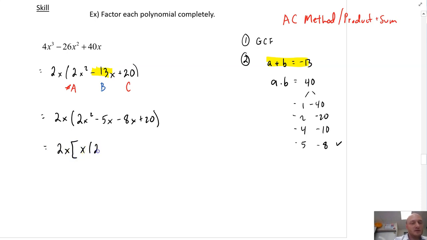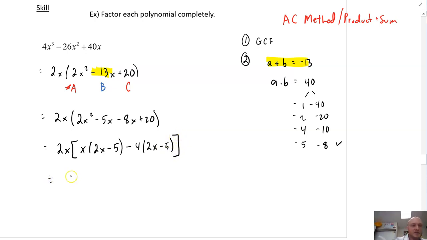Then I'll factor out the greatest common factor. So I have an x, and over here I have a negative 4, leaving behind 2x minus, I took out a negative, 5.